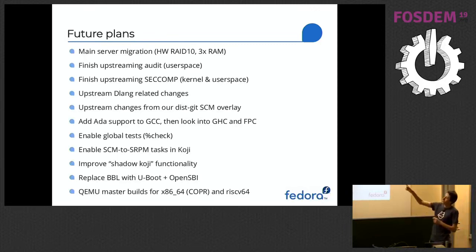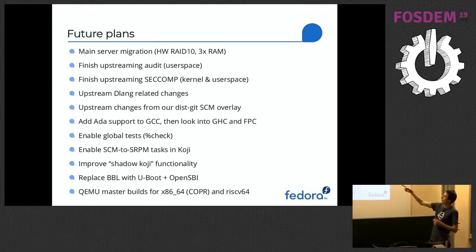DLang works in the one in the GCC, but I still work on upstreaming the patches. So again, I need to send a lot of changes from our dist-git overlay to either upstream or to Fedora dist-git. We still don't have Ada support in the GCC, so that's probably going to be the next thing to add.